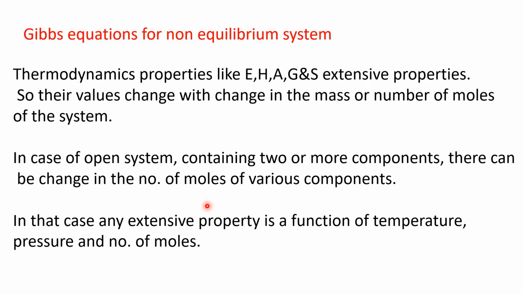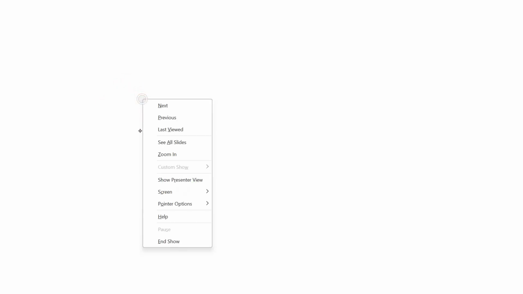Say I take the Gibbs free energy, which is an extensive property. In that case, it will be a function of temperature, pressure and also the number of moles of different components.